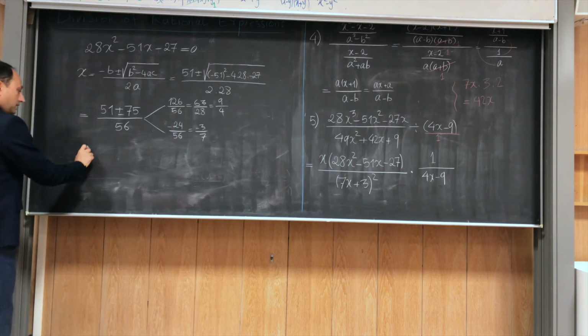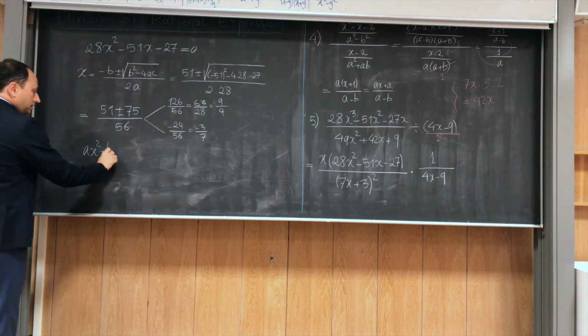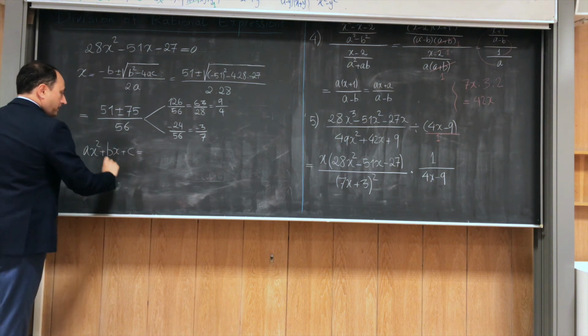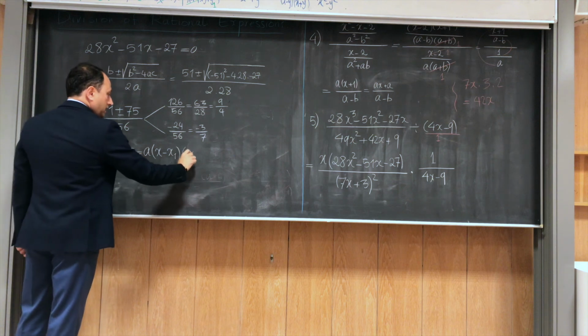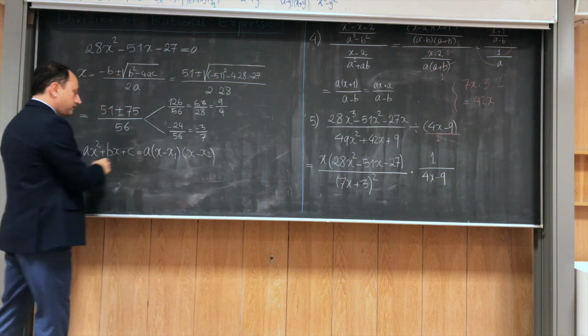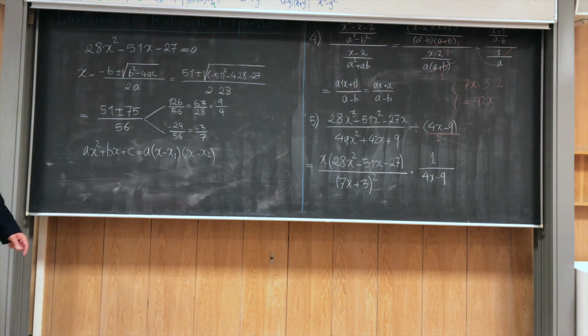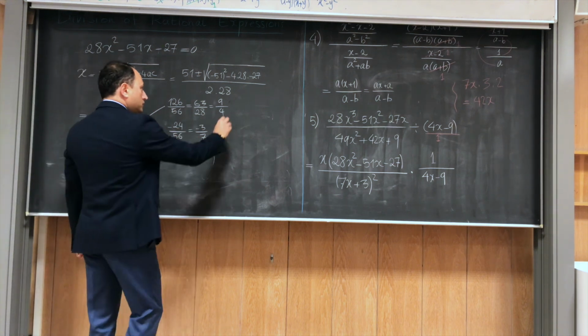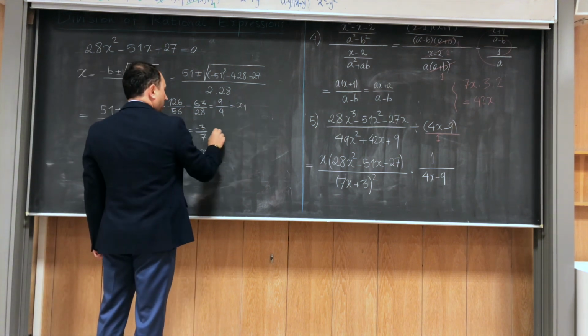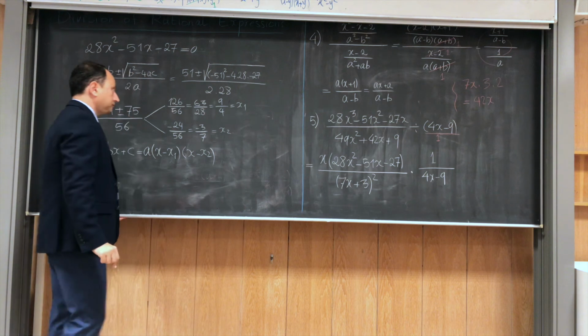And then do you remember, I had this formula before. We talked about this before. So this becomes a times x minus the first root, x minus the second root. This is the factorization of this quadratic polynomial, and it doesn't matter at all which one you call x1 and which one you call x2. Let me call this one x1, and let me call this one x2.